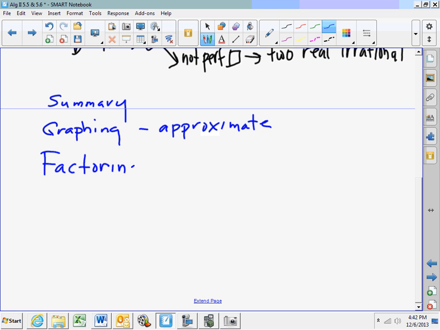By the way, graphing doesn't work if there are non-real solutions, because then the parabola is not going to cross the x-axis. Now, factoring is a method that will give you actual values, but it only works when the roots are rational.